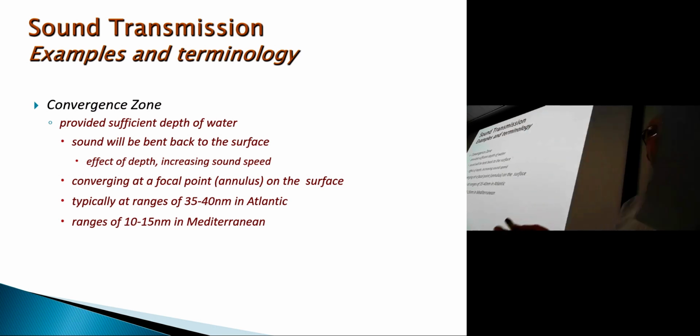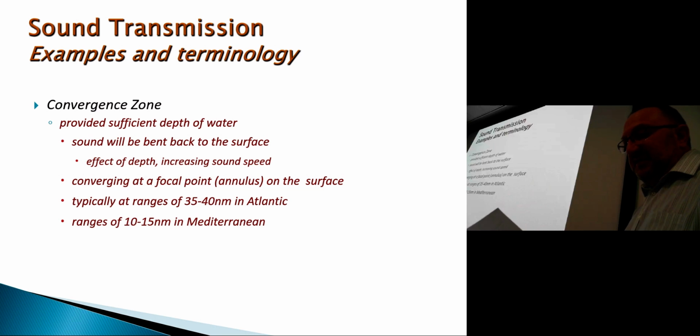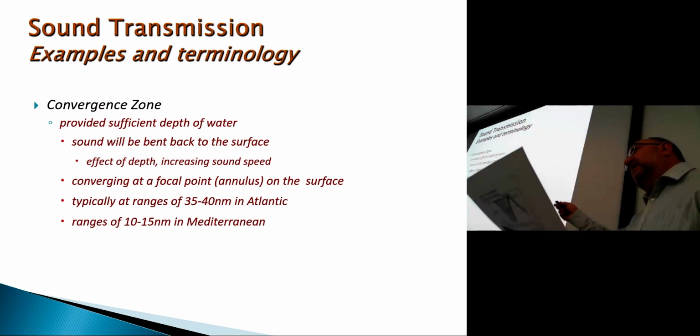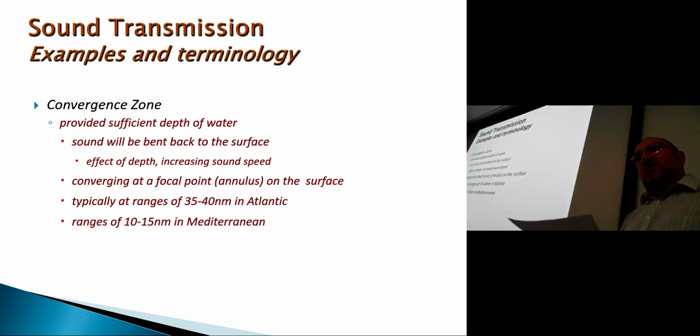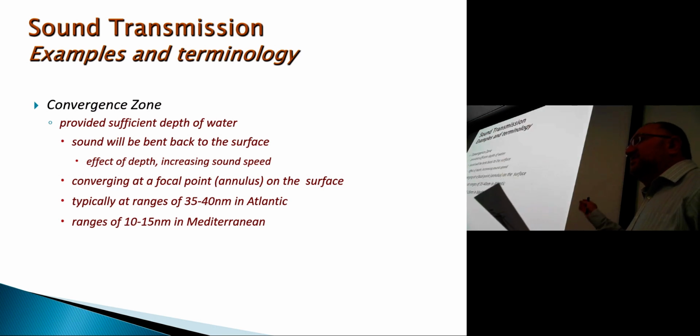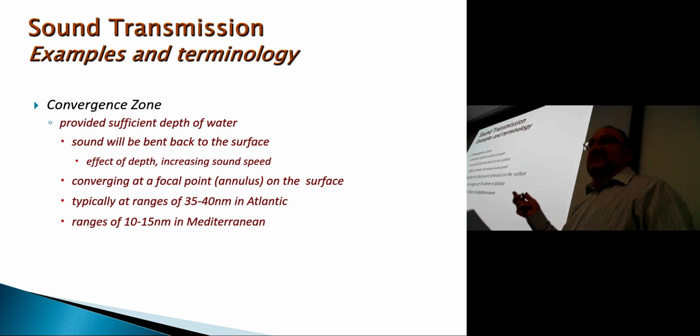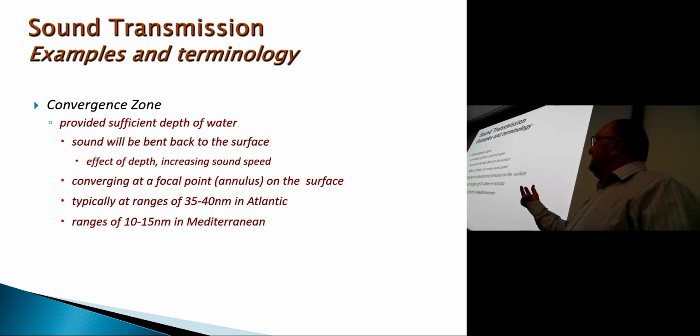So if you've got really, really deep water, like in the middle of the oceans, this is where the Convergence Zone pops up. If you've got sufficient depth of water, the rays will then start to bend back up again because of the pressure, causing increasing density, so that pressure will cause the sound rays to come back to the surface. In effect, sound rays become focused in a small annulus at a distance away from where your transmissions are.